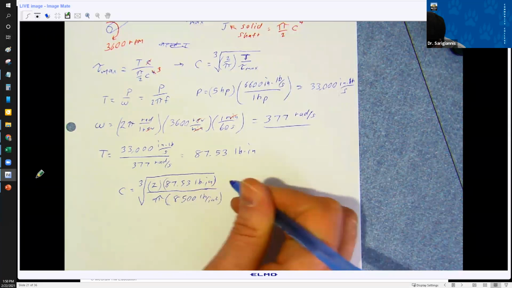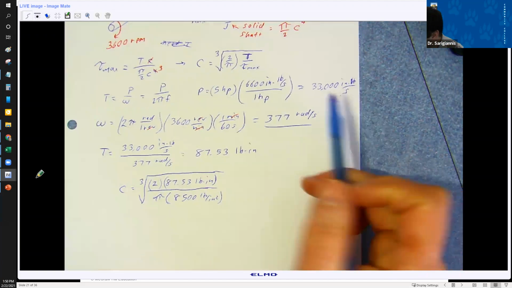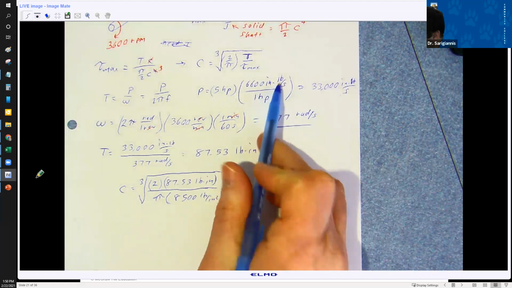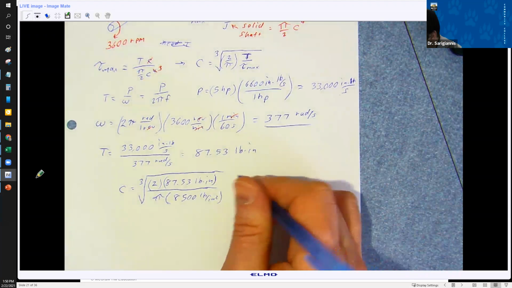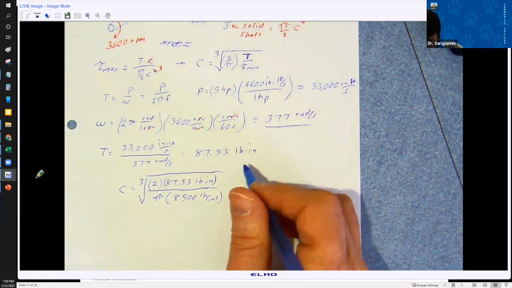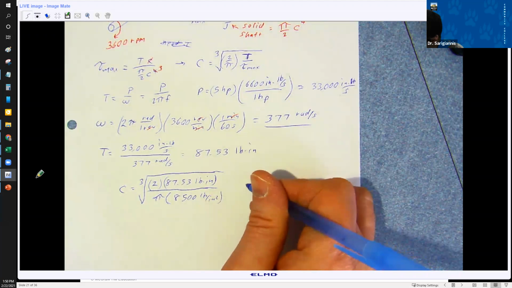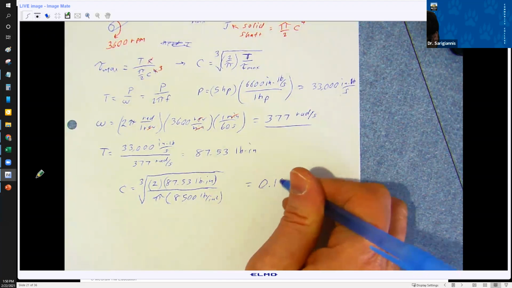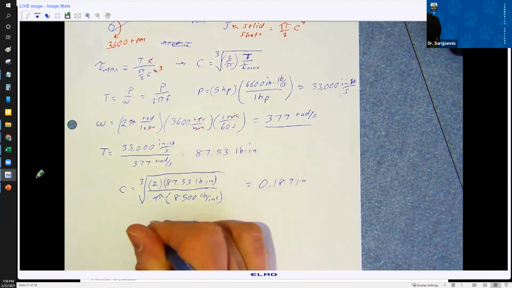This is the information you're given, which defines what units you want to work in, right? I could have used foot-pound seconds, but I still need inches in the end, or I need to convert pounds per square inch to pounds per square foot. So here I get 0.187 inches.